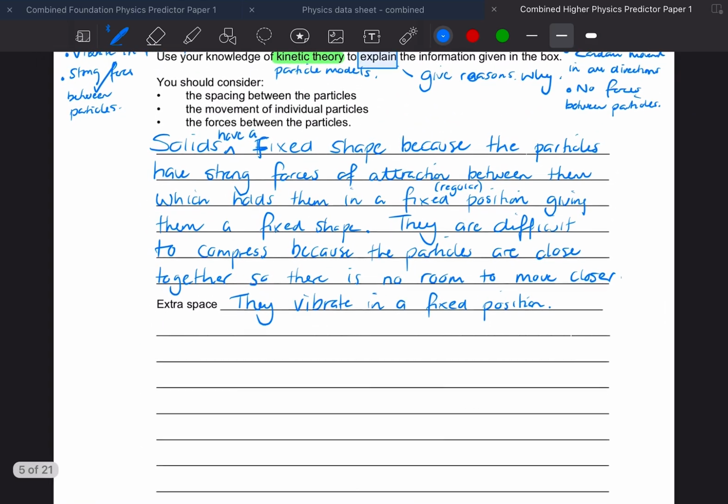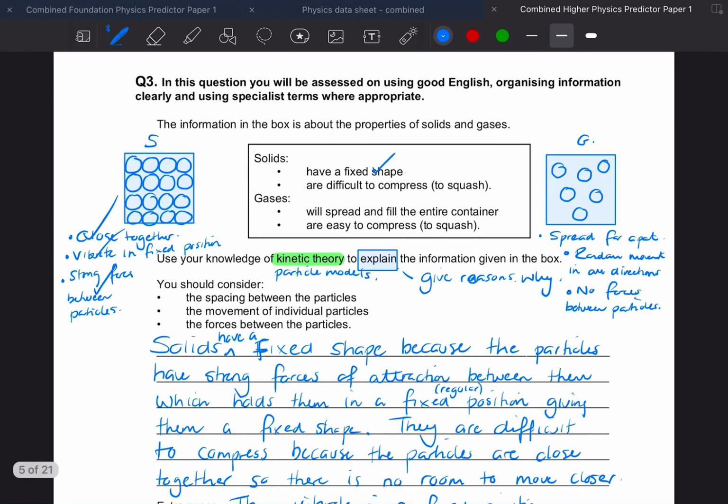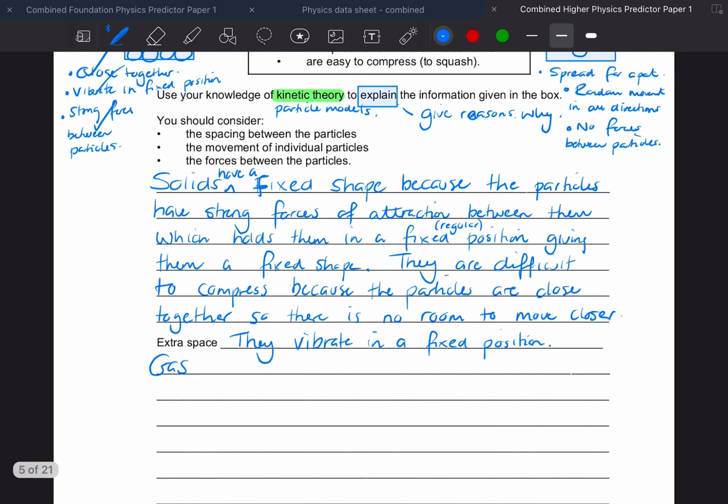So now we need to try and do the same for the gas. So the gas will spread and fill the entire container, and it's easy to compress. So we can start to talk about why it'll fill the container.